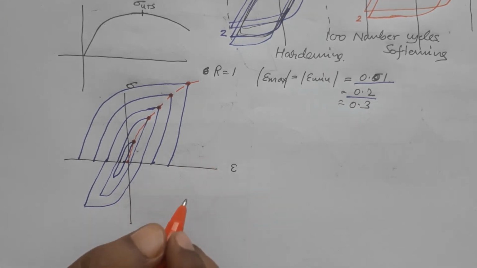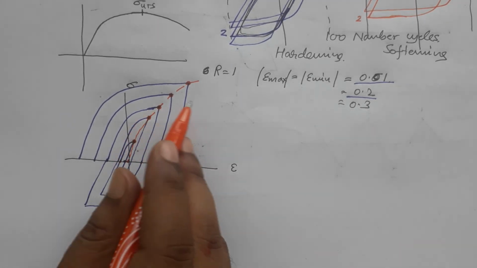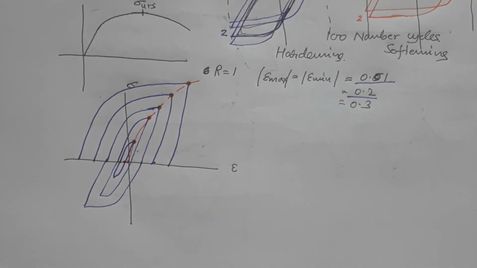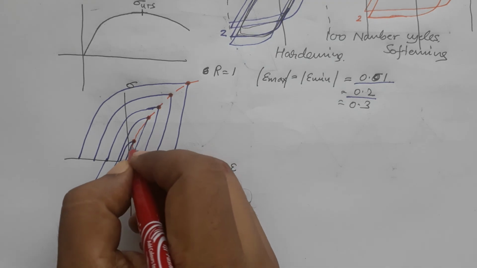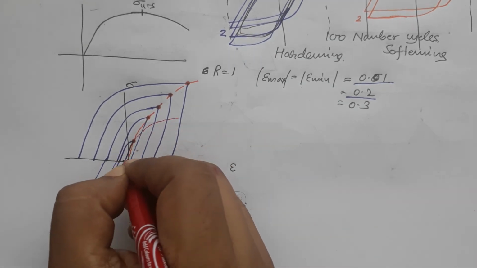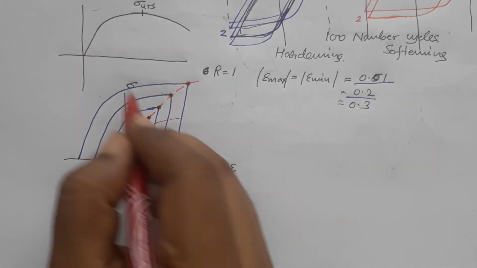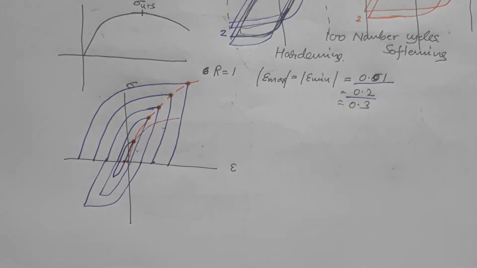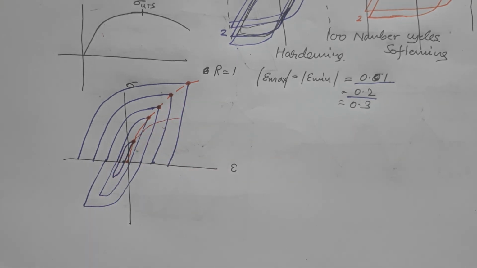Okay, and if you compare it with the monotonic stress strain curve for cyclically hardening material, then the monotonic curve may be something like this. So this one, and the cyclic hardening curve will be higher than this because the material is getting hardened. Okay, so there is a difference in what you get from monotonic loading and what you get from cyclic loading.